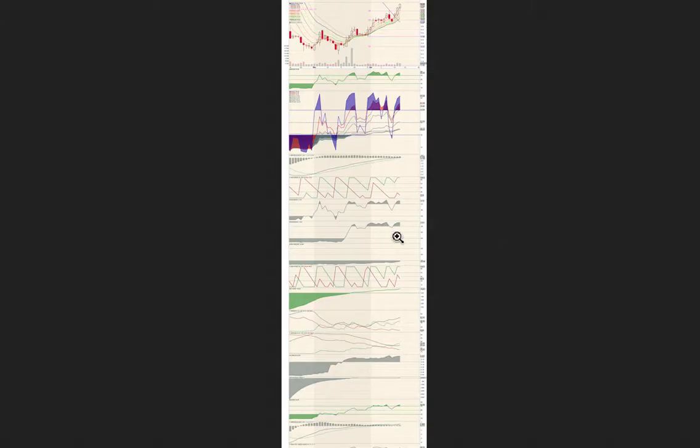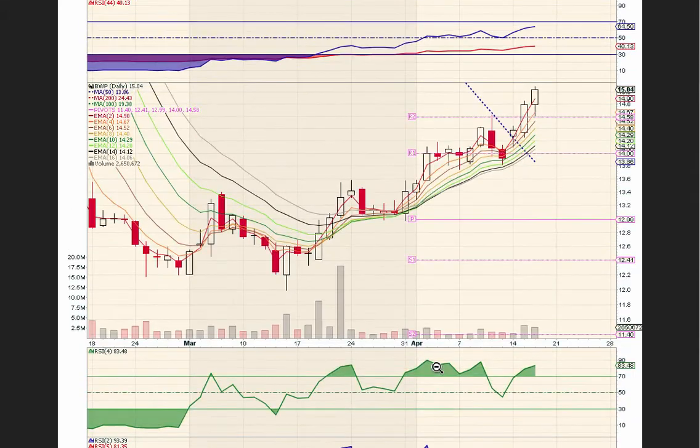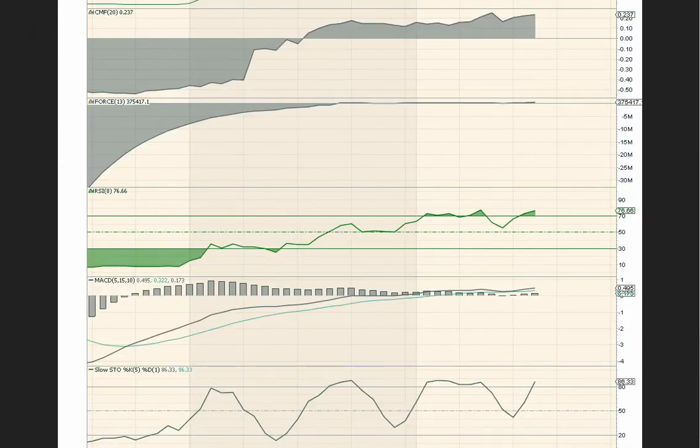Scroll all the way to the bottom again and you'll see the RSI, MACD, and the slow stochastics. So you should have a fully loaded chart now.